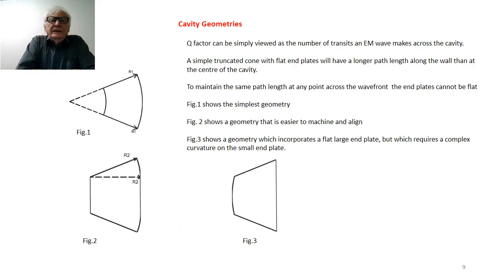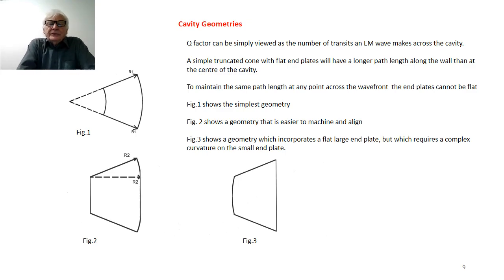Now, the important point about the shaping of the end plates is that if you think about a truncated cone with flat end plates, you will obviously have a longer path length along the wall than at the centre of the cavity. It's pretty simple geometry, this, but it does seem to have escaped the notice of one or two experimenters who have found that they really can't get a high Q cavity at all with flat end plates.